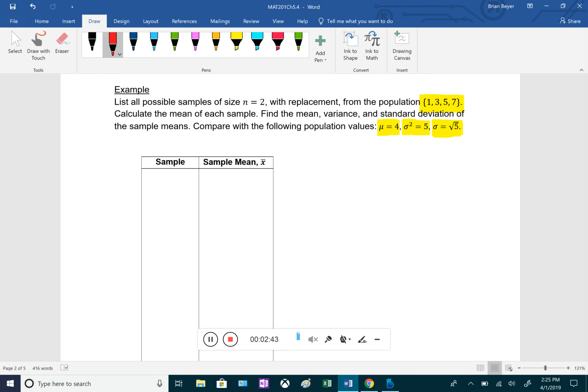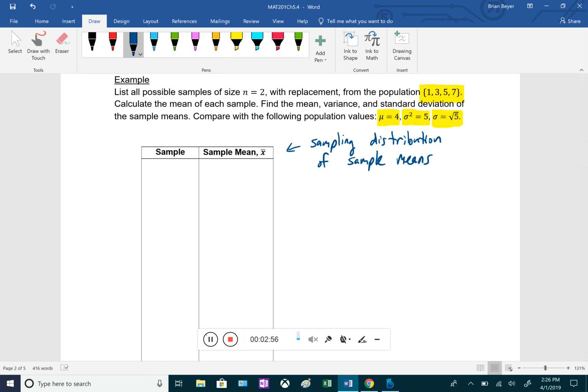Okay, so let's fill in this chart. This chart is going to represent the sampling distribution of sample means. We want every sample of size 2 from that population 1, 3, 5, 7. It is with replacement, which is pretty key here.